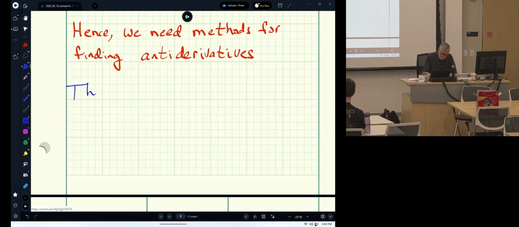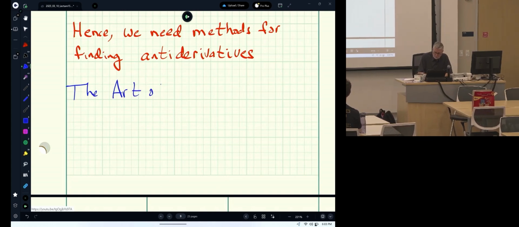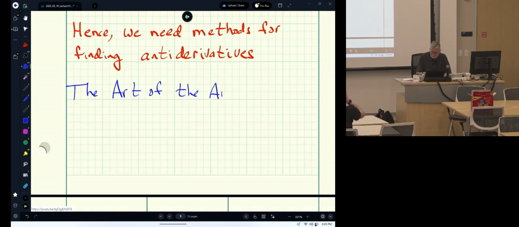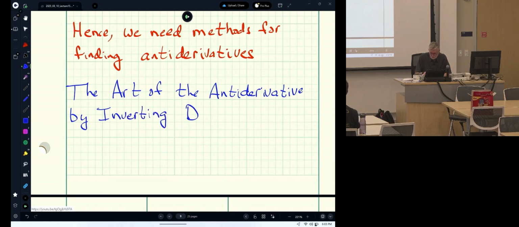Okay, so I'm going to call this the art of the antiderivative, by inverting differentiation rules. And why would we invert differentiation rules? Well, because we know that integration is the inverse of differentiation.